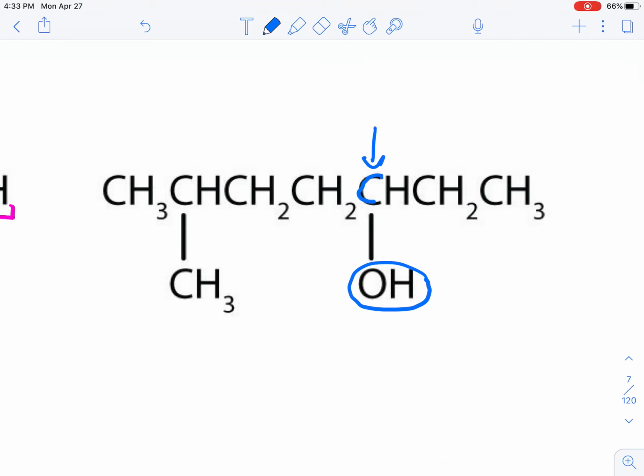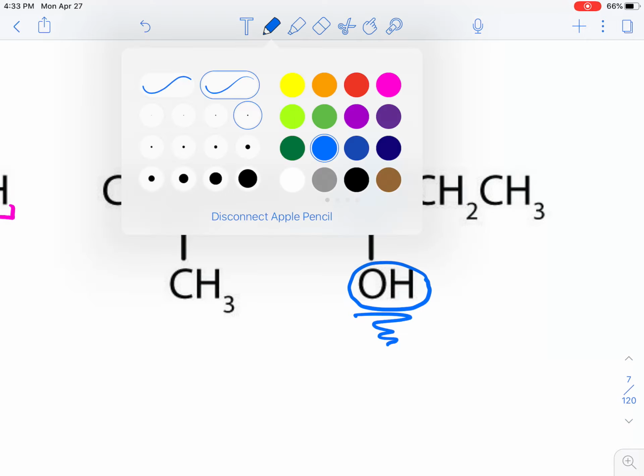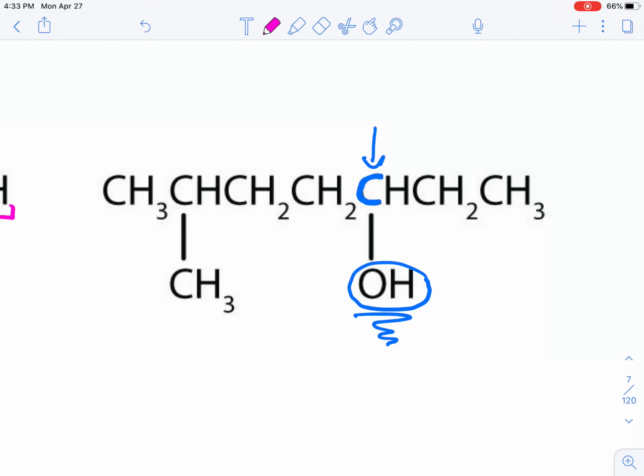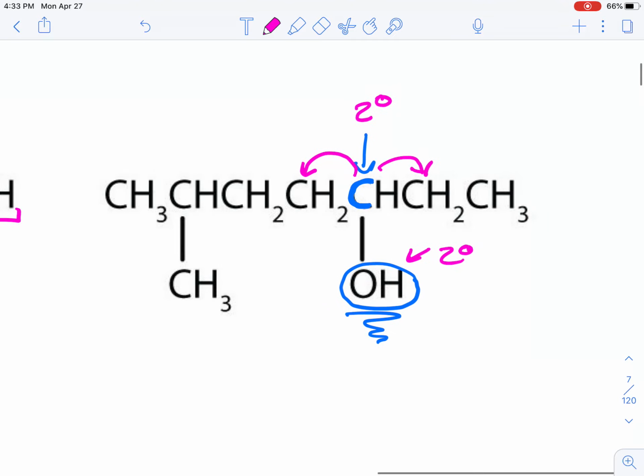If I treat this carbon as my central carbon with respect to the hydroxyl group, and look at the bonding of that central carbon, it's going to be covalently bonded to two other carbons. And since it's covalently bonded to two other carbons, it would make this carbon secondary, and therefore it would also make this alcohol secondary. So we can classify that last example as a secondary alcohol.